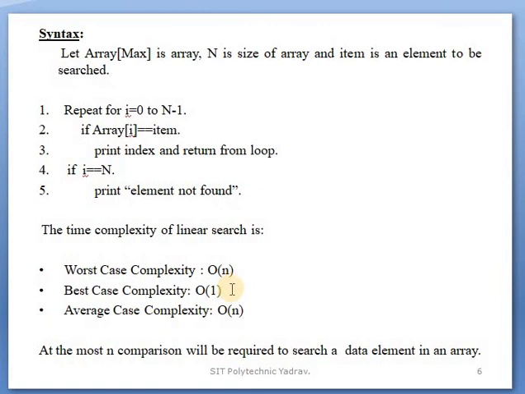Because it is the best case complexity: for example, we find a number in the array and it is present at the 0th position. So in the first attempt you found that number, so that case is known as the best case, and its complexity is big O of 1. Clear that point? Okay.